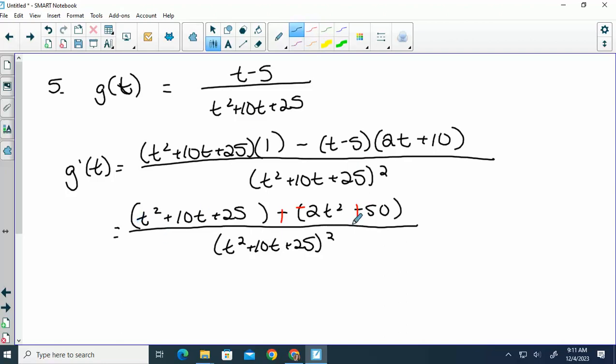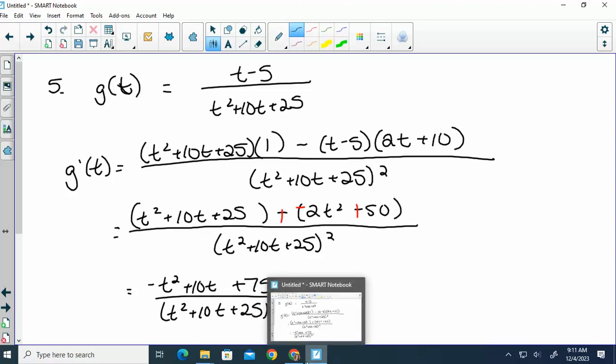So t squared and negative 2t squared is just a negative t squared. We have a 10t. 75 plus 50 is 75 over the denominator. Is that okay?